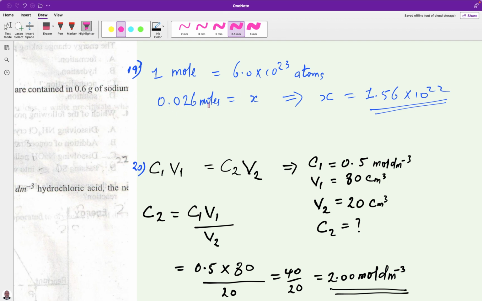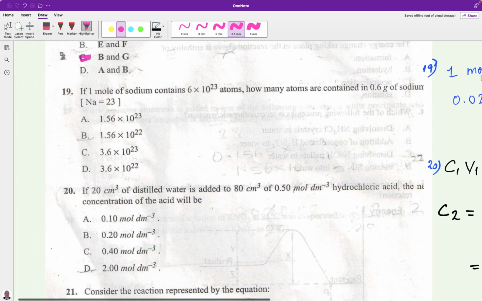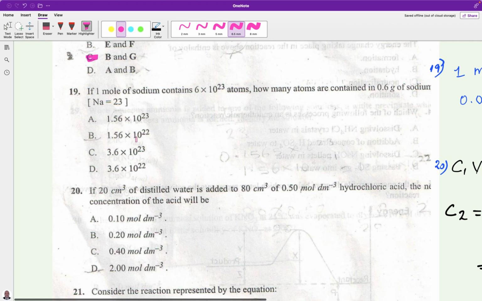Then for 0.026 moles, the number of atoms will be 1.56 times 10 to the 22nd. So 1.56 times 10 to the 22nd gives us B as our answer for number 19.